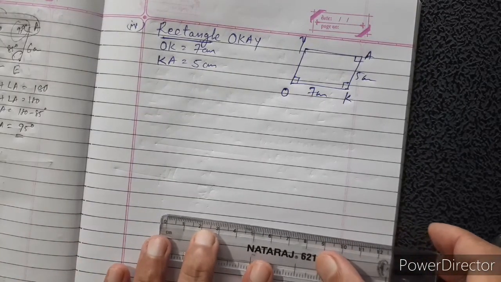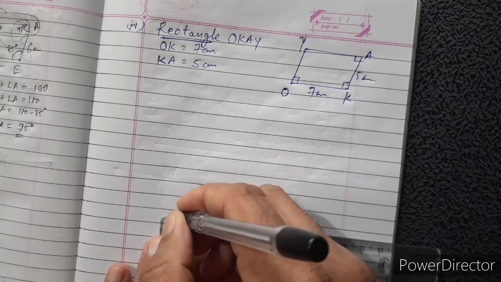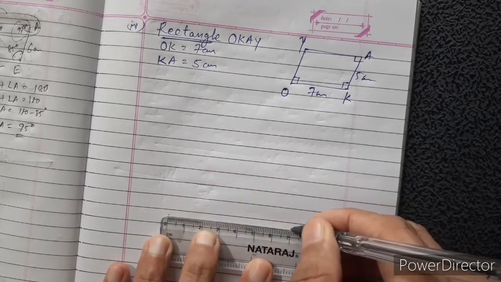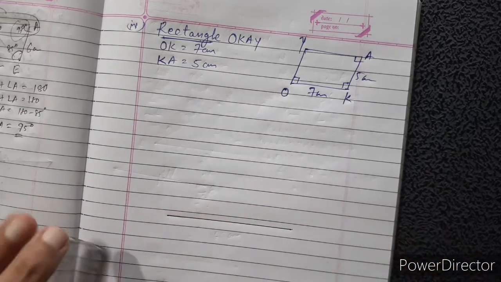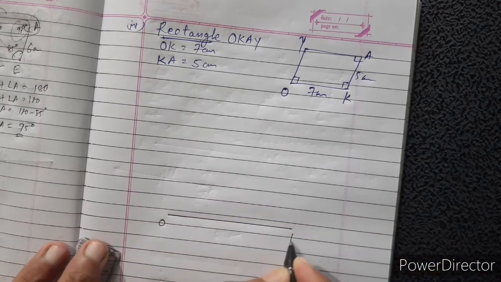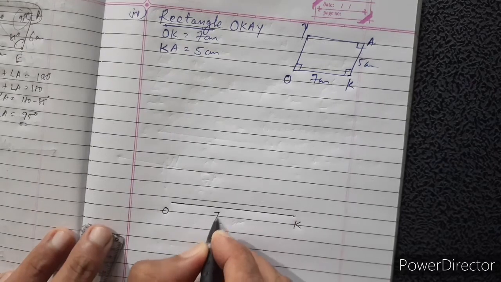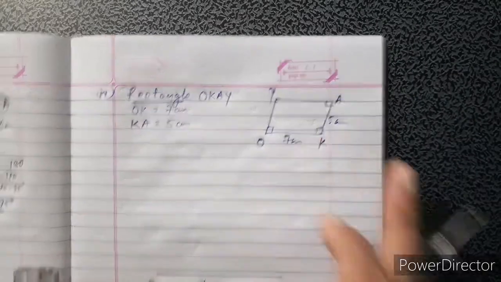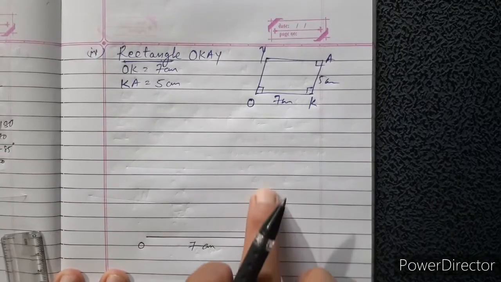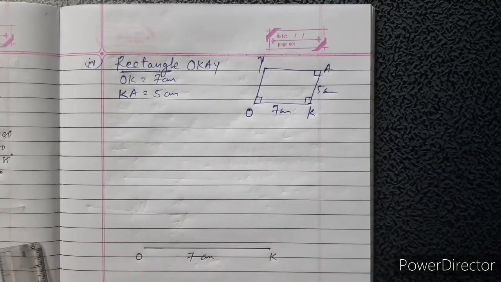So you just take 7 centimeter measurement and draw side OK, that is 7 centimeter. Now look, K equal to 90 degree. So here with K we draw 90 degree angle.